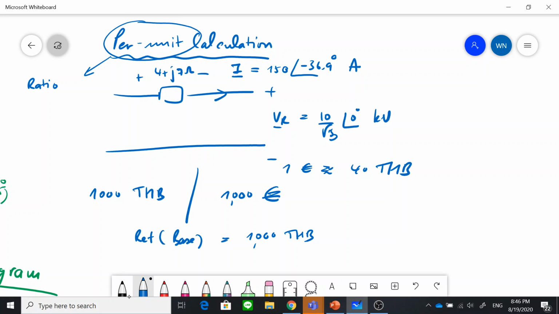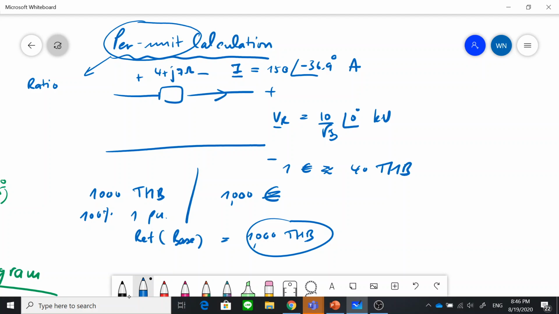Okay. So with 1,000 baht, I have 100% of the base. If we put the base at 1,000 baht, it is 100% of the base, or a ratio of 1, because this is 1 times the 1,000, right? So this is called 1 per unit, okay?